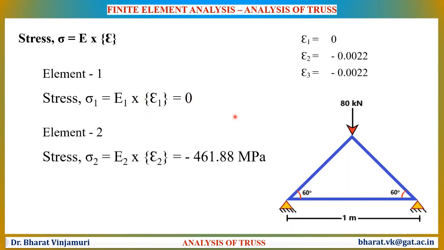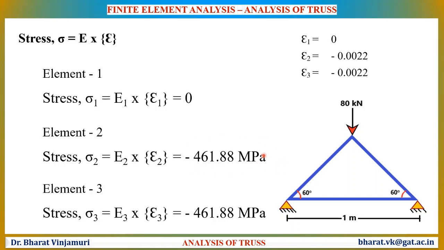For element number 2, the stress is minus 461.88 megapascals. And for element number 3, the stress is the same as the previous, that is minus 461.88 megapascals. It is clearly observed from the structure that element number 3 as well as element number 2 are subjected to compressive loads.